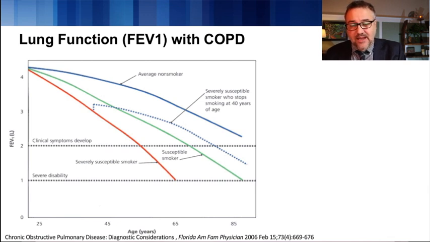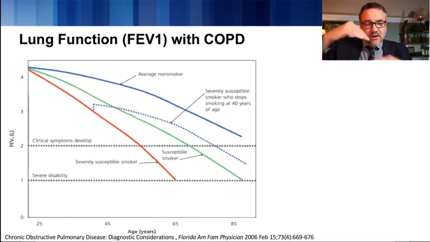And here we have somebody aging all the way out to age 85, and with that aging, there's a very important line here. This dotted line that goes right across the middle of this chart, that's when symptoms develop. And what we have with normal aging is a decrease in lung function over time, but we never get to that line where a person actually develops symptoms.